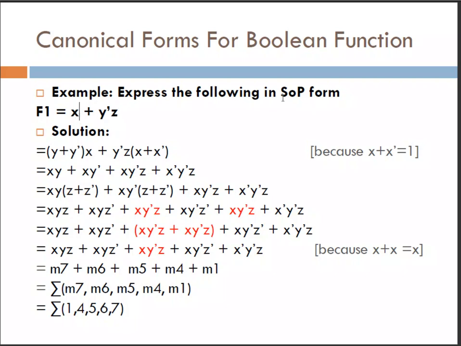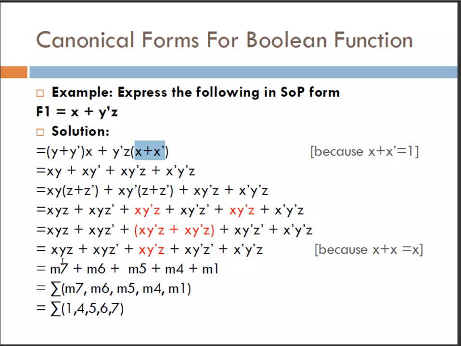Remember that for a sum of products, we need to include the missing variables by taking the variable and its inverse: y plus y bar. For this one, we'll have x plus x bar. Then we use multiplication, or we distribute.